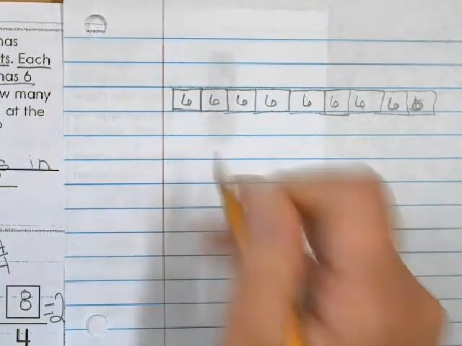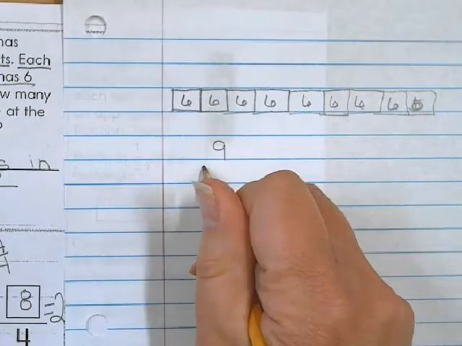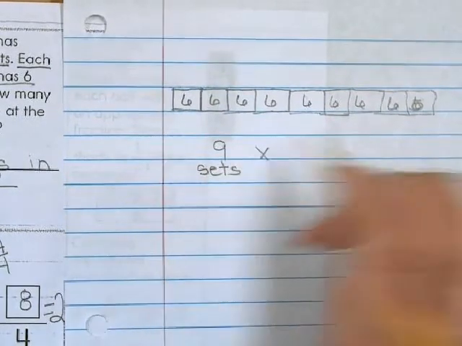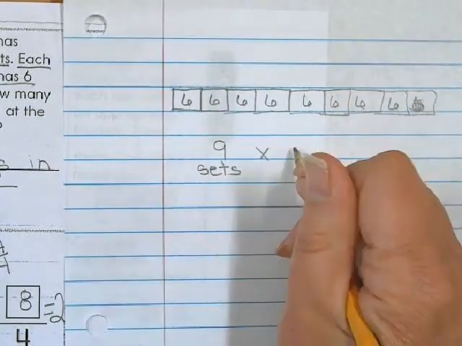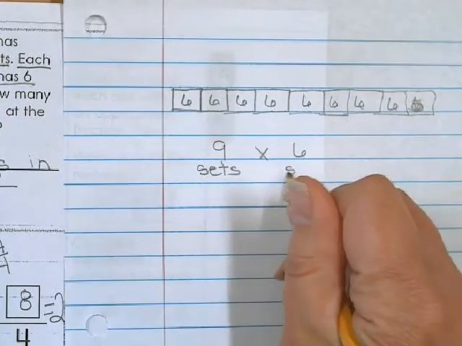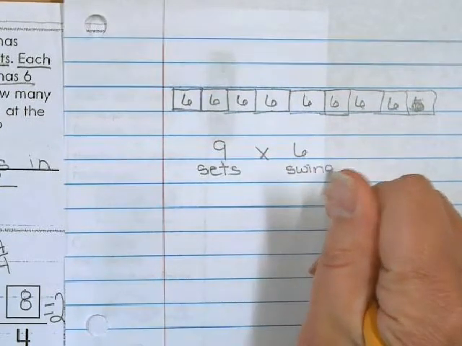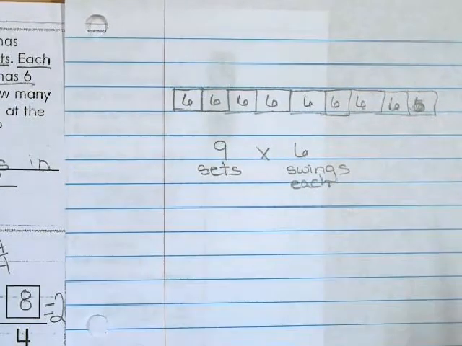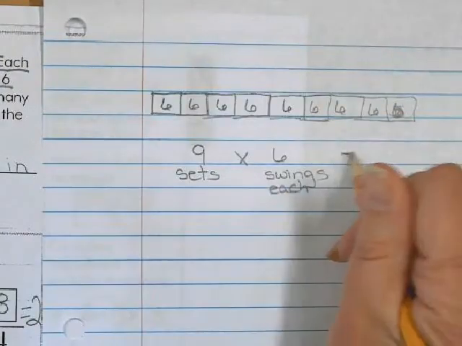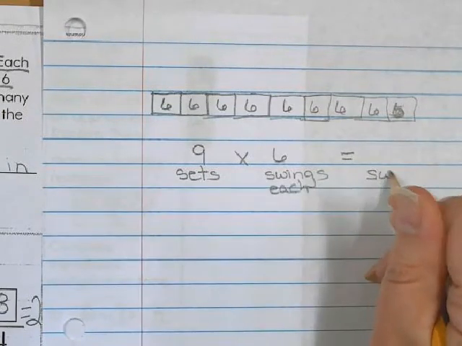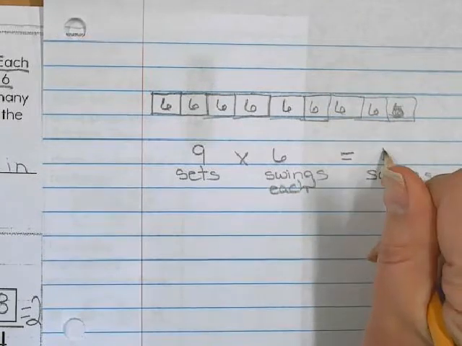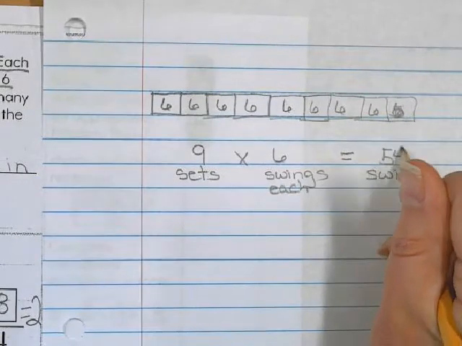So if I have 9 sets and each set has 6 swings each, that's our clue word, each, then we would want to know how many total swings, and that would give us our 54 swings.